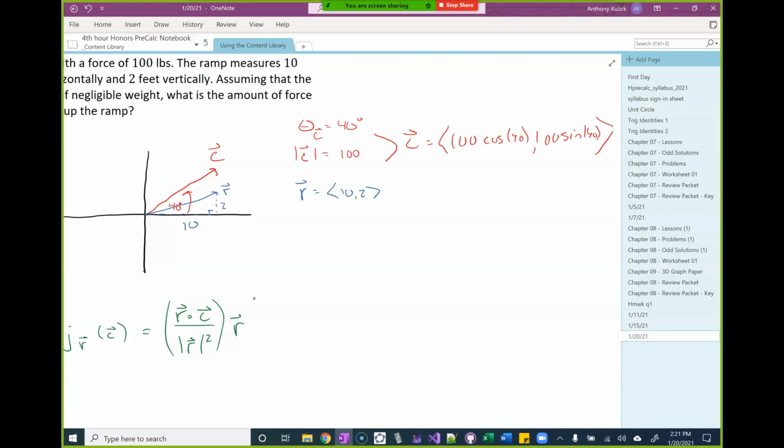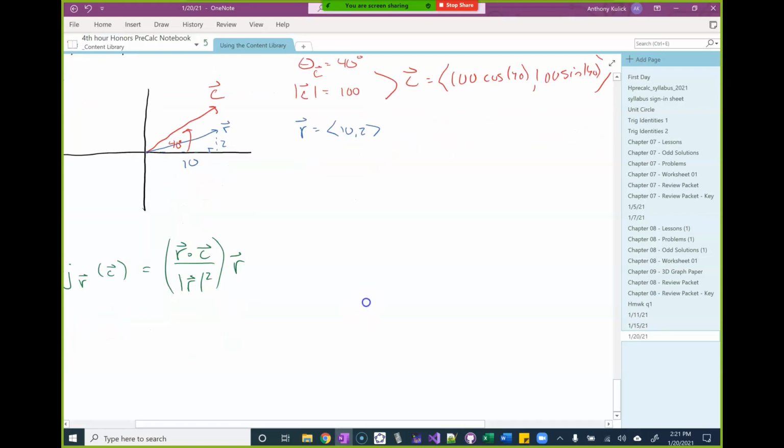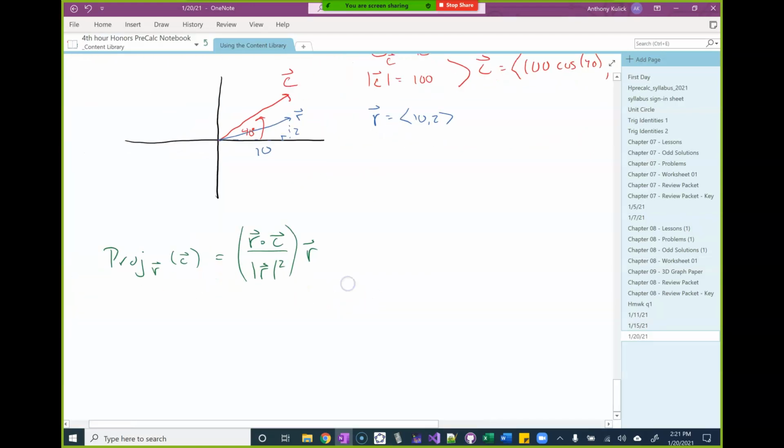So r dot c is 10, 2 dot 100 cosine 40, 100 sine 40. The magnitude of r squared is going to be 104.